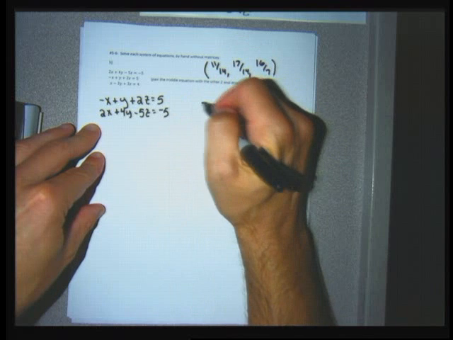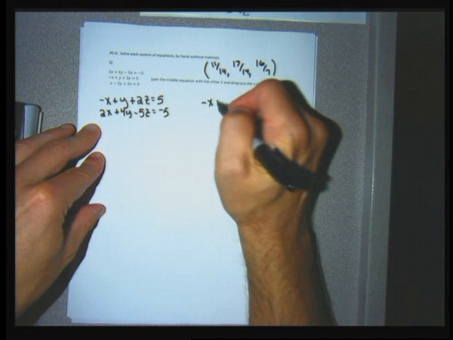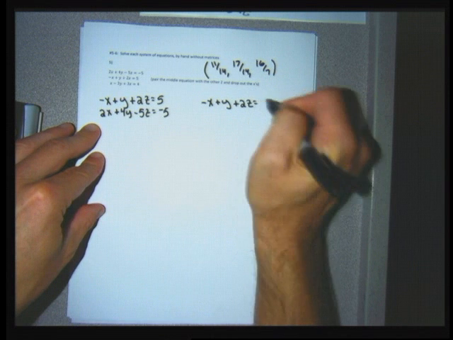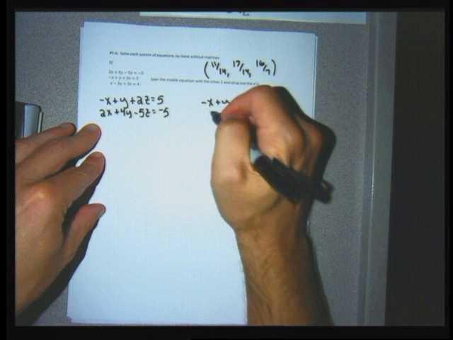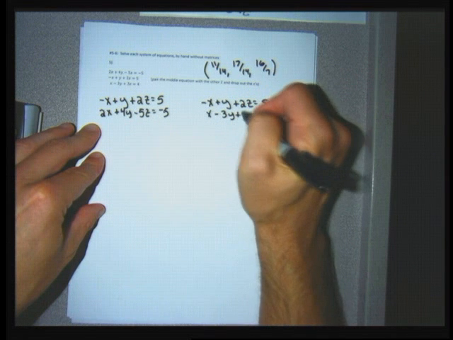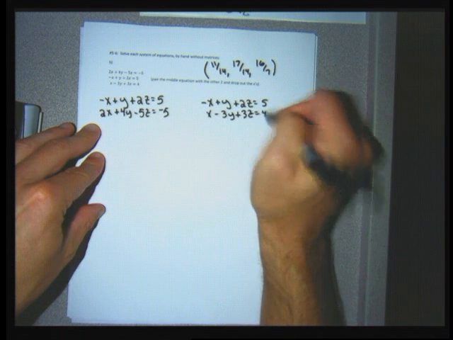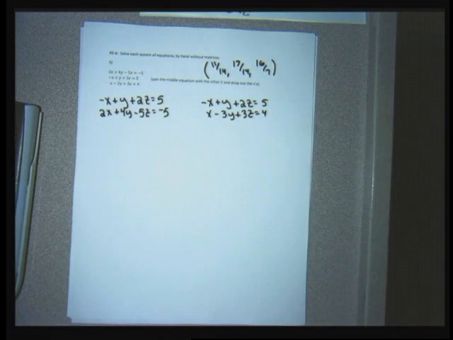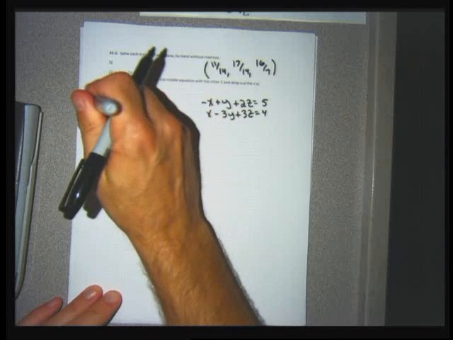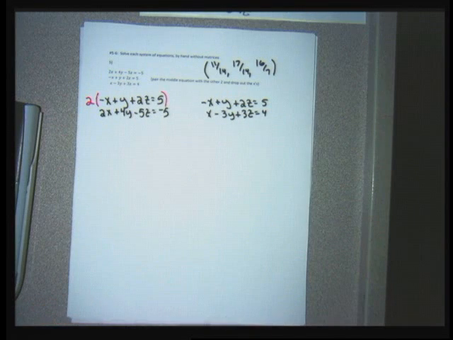And take that same middle equation, negative x plus y plus 2z equals 5, and put it on top of the bottom equation, x minus 3y plus 3z equals 4. I said to drop out the x's, so I'll do that. For this first pairing, I need to multiply the top equation by 2 to drop out the x's.